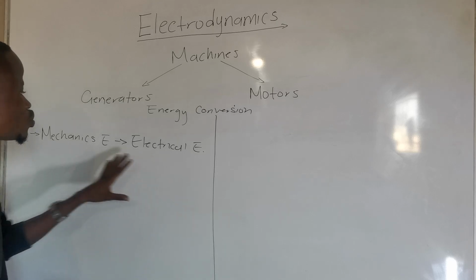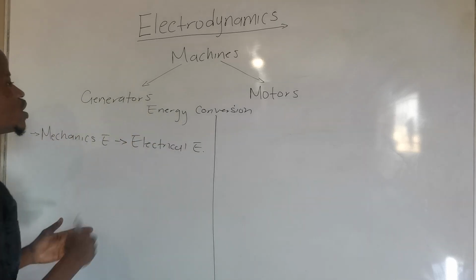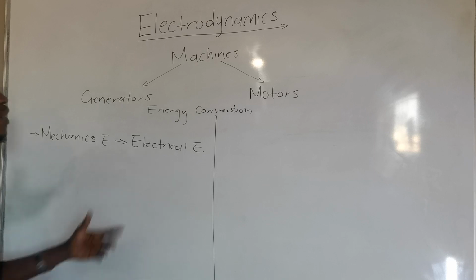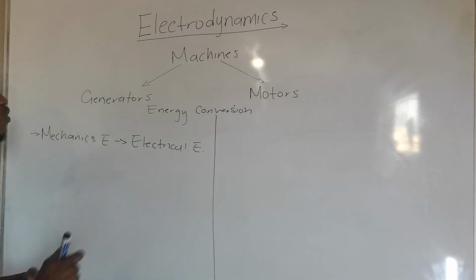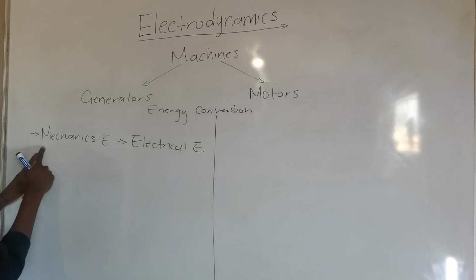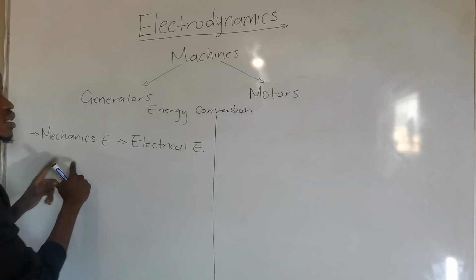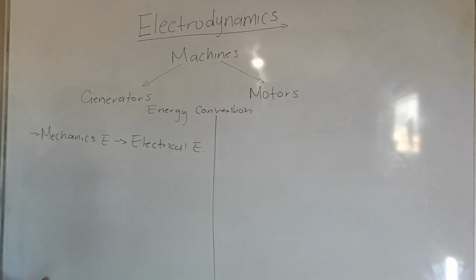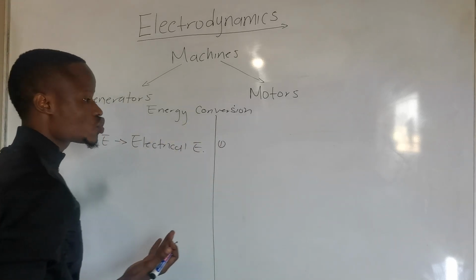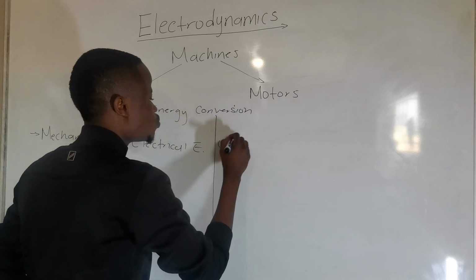Now, how are they going to ask you in relation to the energy conversion? The question will be like to you, state the energy conversion that is taking place in the machine. Then you have to be able to tell us what. If it's a generator, tell us that it takes the mechanical energy, then converts it into electrical energy. Then on this one, the vice versa is true, meaning that it is going to take what?